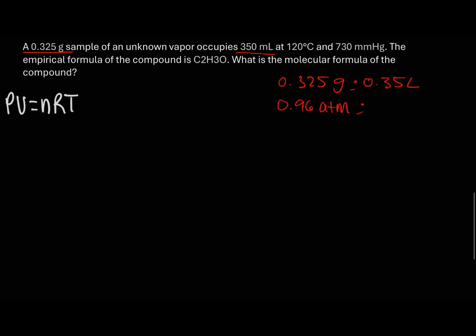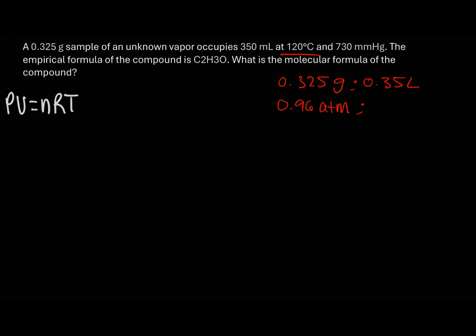And we also know that we have 120 degrees Celsius, and as with atmospheres, we have to convert Celsius to Kelvin, and we can do this by adding 273.15 to our Celsius.